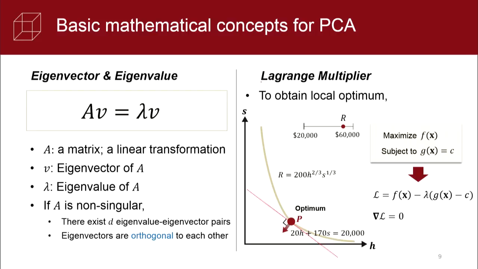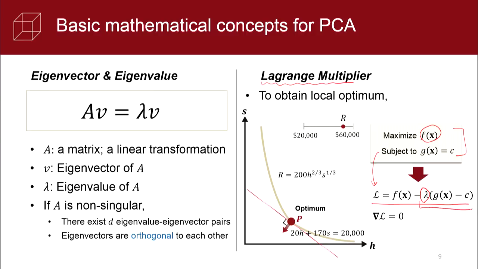And you also need to understand the concept of the Lagrange multiplier. Basically, we can use Lagrange relaxation with the Lagrange multiplier to obtain a local optimum for solving a nonlinear programming model. So let's think about the nonlinear programming model to maximize f(x) subject to g(x) equals c. You can turn this constrained nonlinear programming model into an unconstrained one by utilizing the so-called Lagrange multiplier lambda here, right?